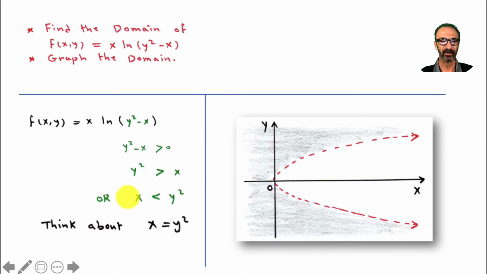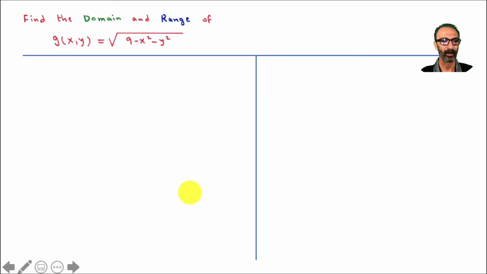Let's take another example. Domain and range of this function. The domain will be (x, y) such that what's inside has to be greater than or equal to 0 because we are inside the square root.